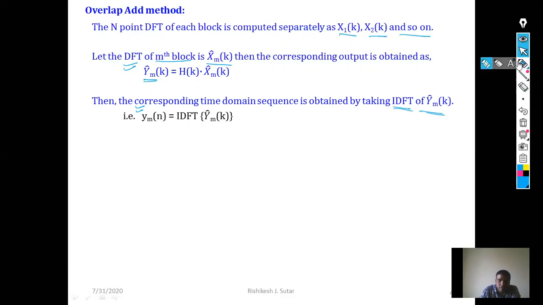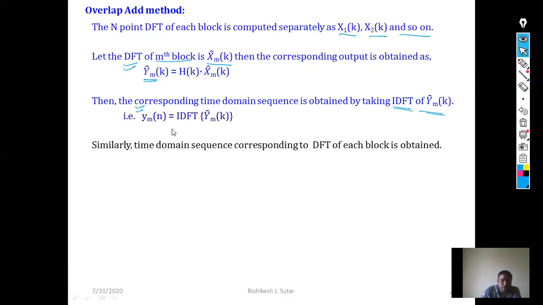Similarly, the time domain sequence corresponding to the DFT of each block is obtained just like this, ym of n. I can get y1 of n, y2 of n, y3 of n, and so on. I will get all the blocks.